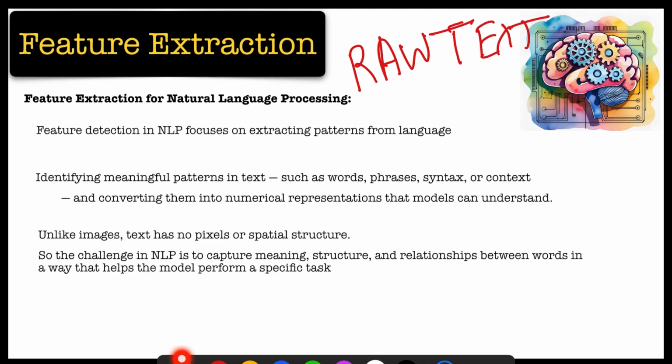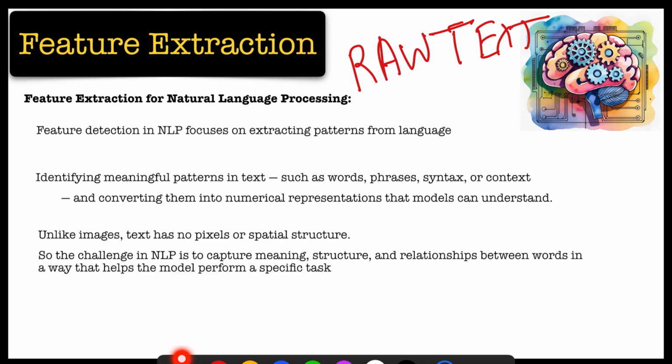In NLP, the focus is on extracting patterns from language, identifying meaningful patterns in text, such as words, phrases, syntax, or context, and converting them into numerical representations that models can understand. We understand words, phrases, context, but computers just understand numbers, right? So we have to convert these words or phrases to numbers.